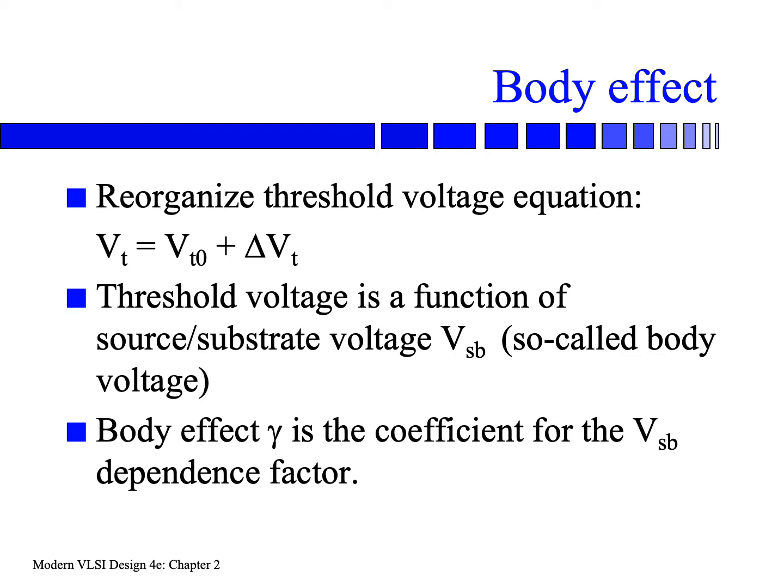We will show the equation in the next slides. So together, the threshold voltage is determined by the four components I just mentioned: the flat-band voltage, the surface voltage, the depletion charge, and the ion implantation, plus this delta VT.